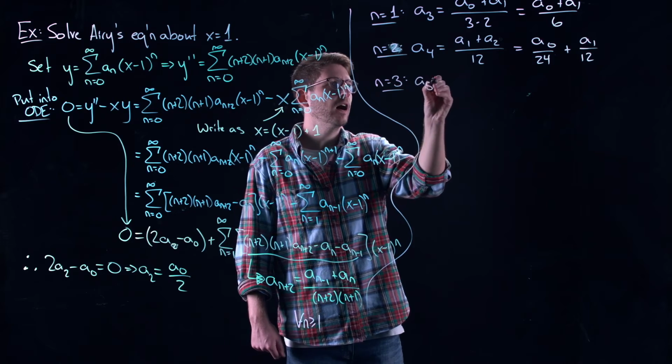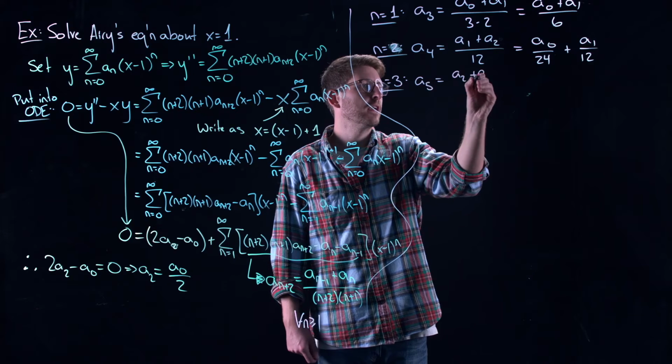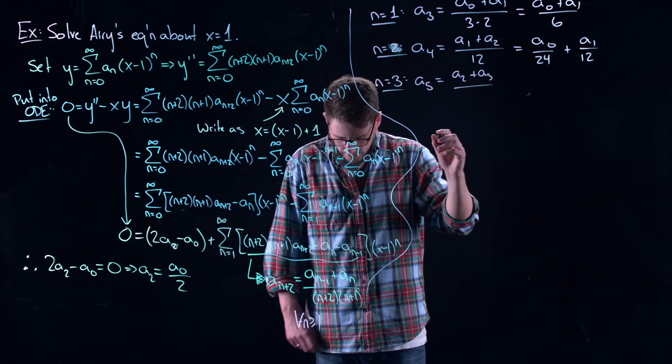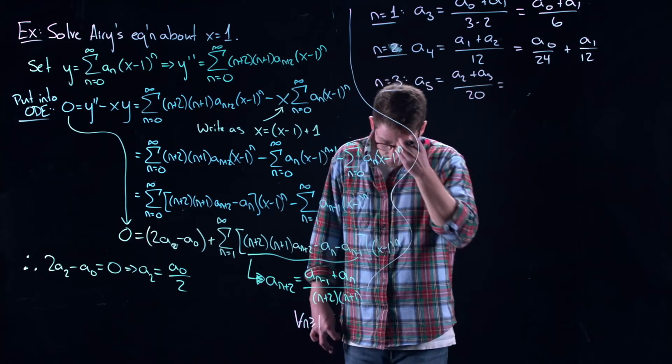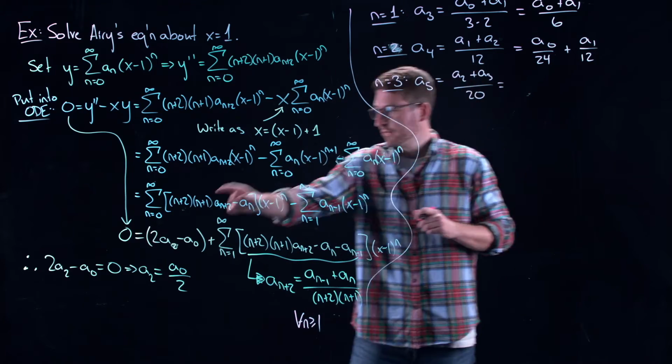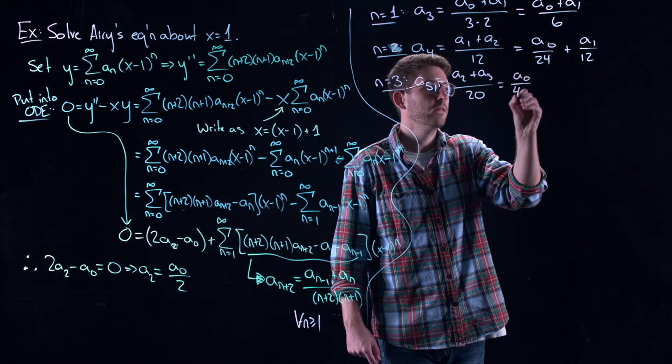I get a5 is equal to a2 plus a3 divided by 20, which in this case, a2 is given by a0 over 2, so I get a0 over 40.